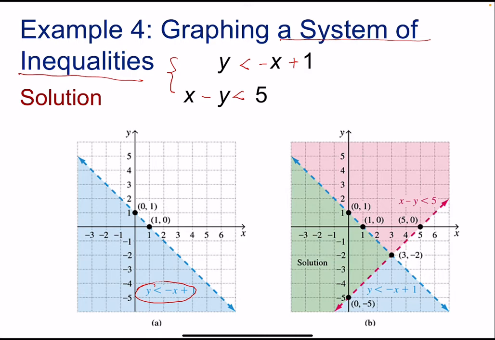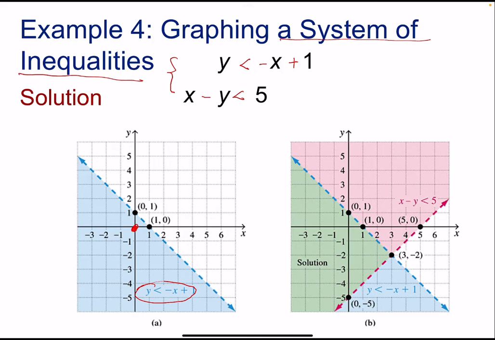In this case, we could pick the origin to test it, and when we plug in 0, 0, we have 0 less than 1. So the origin satisfies the inequality, meaning the region containing the origin is the solution to the inequality. So that's the blue region.